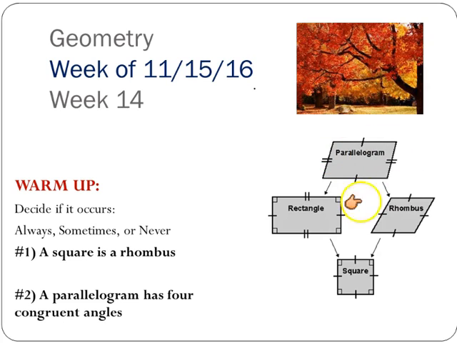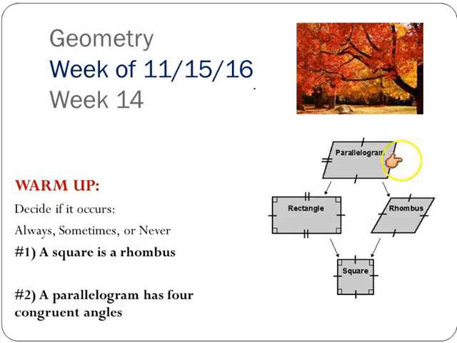Every angle will be 90 degrees, and if we were to draw the diagonals, they would intersect the angles and make those congruent. The diagonals are equal to each other, and they also bisect at 90 degrees. And then we've got special properties about rhombuses and rectangles as well.